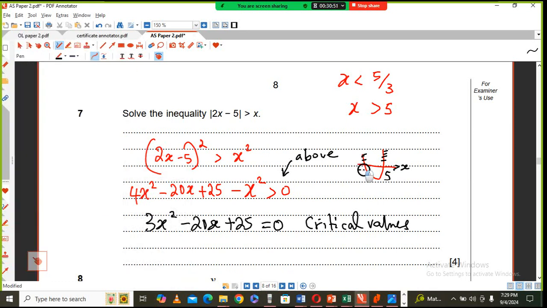Since the solutions are on top, x is greater than 5, and on this side, x becomes less than 5/3. But please do not write like this in the exam. Always give your solutions nicely.